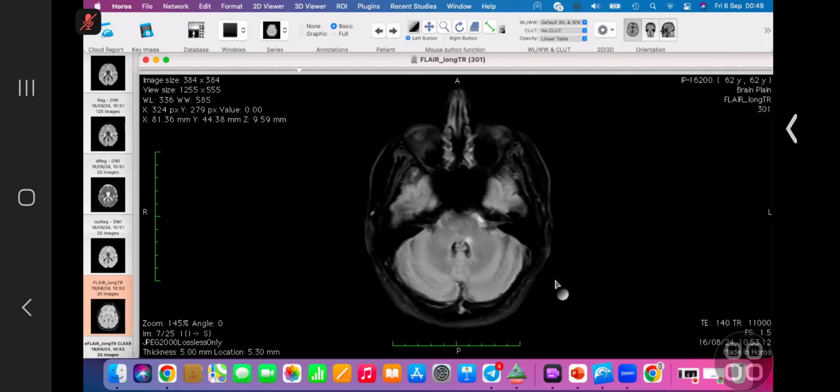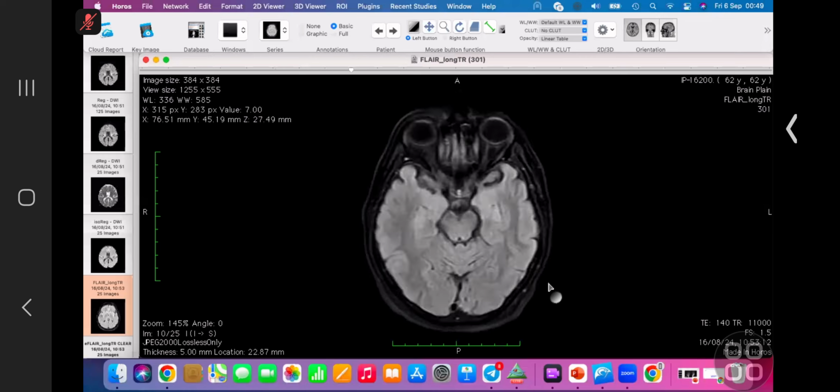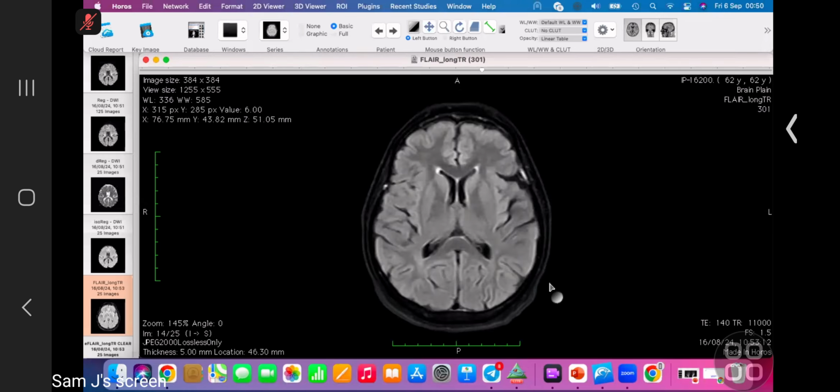What is DWI-FLAIR mismatch? Have you heard of that? What does it signify? No problem. You just scroll and see if there is any. I'll scroll first through the images.